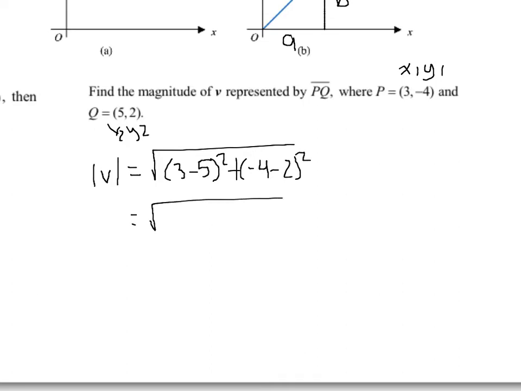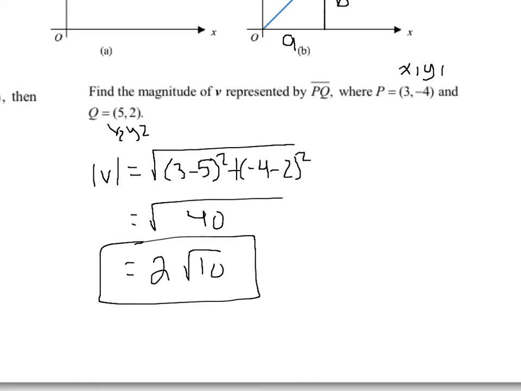So you get the square root of 40, which is 2 square root 10. So there is our magnitude. So now we've figured out how to name the vectors, how to write the vectors, and then how to find the magnitude. Now we need to talk about the direction piece of it, okay?